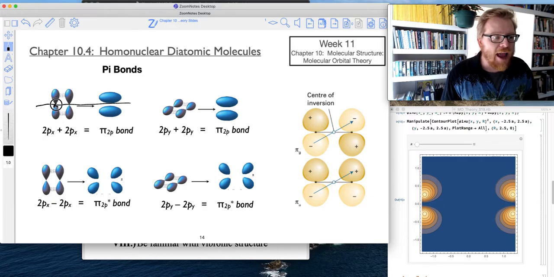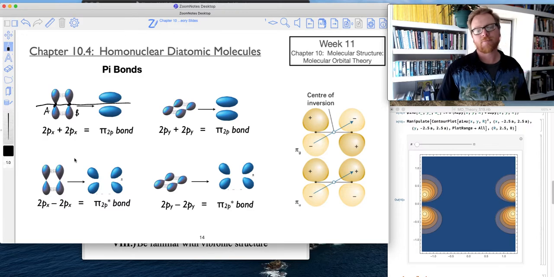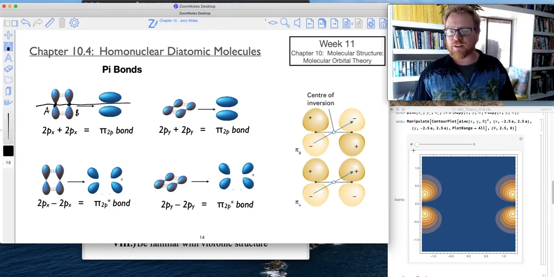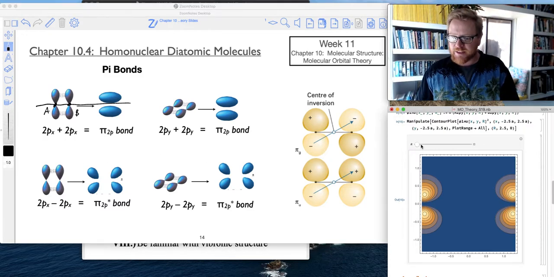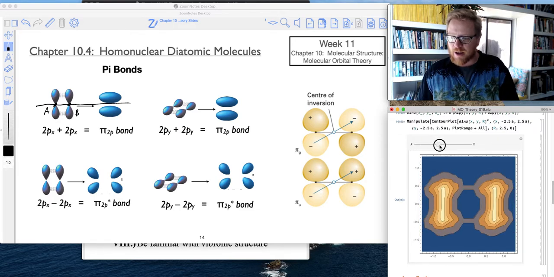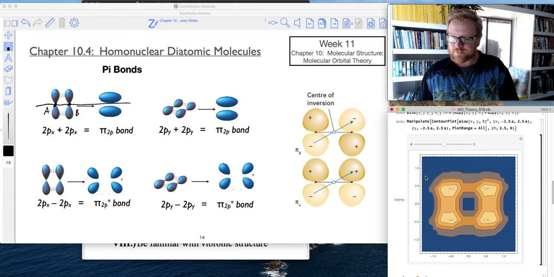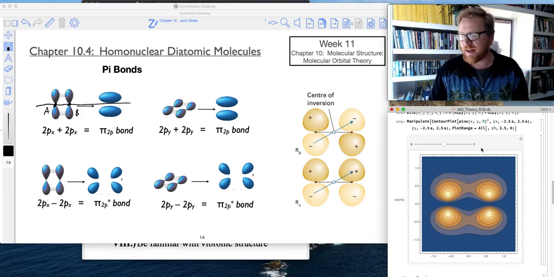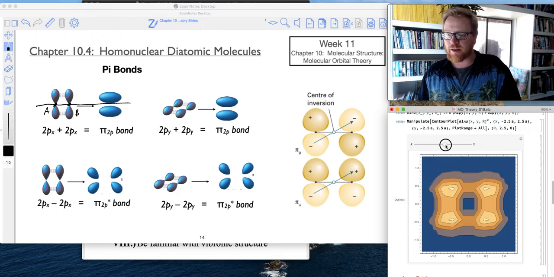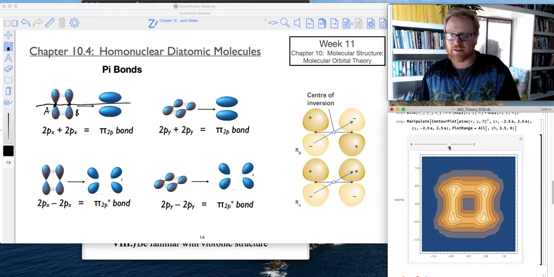So there would be my A nuclei, and there would be my B nuclei. And as I scale these close together, you can see here, I'm going to make a lovely pi bond on my Mathematica model here. We're waiting for it to calculate. Beautiful. And I think if I get it a little bit closer, it'll look like the classic pi bond.